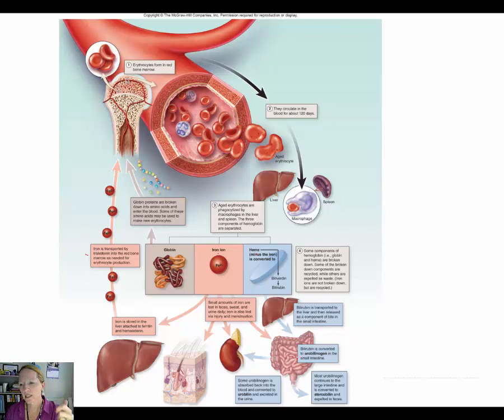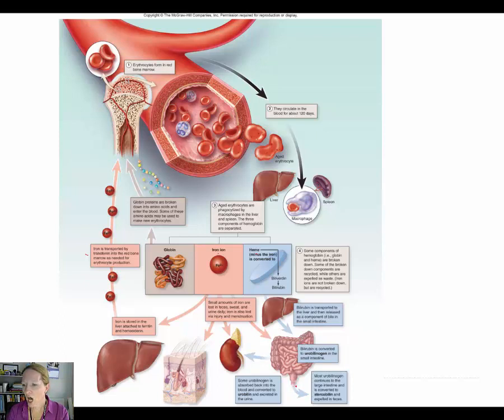Ones that aren't recycled are sometimes absorbed back into the blood and converted to urobilin, and that's excreted in the urine, which makes sense, right? Because if you think about the color of your urine, it's about the color of the urobilin. Or, sorry, the bilirubin.